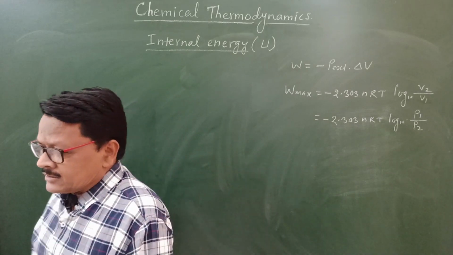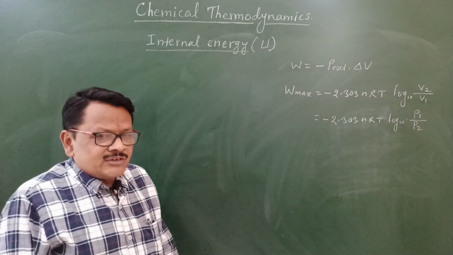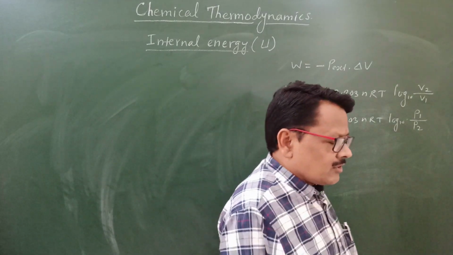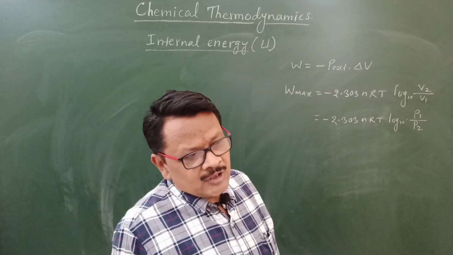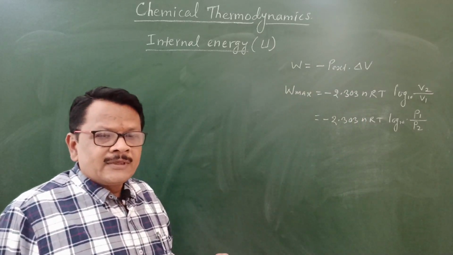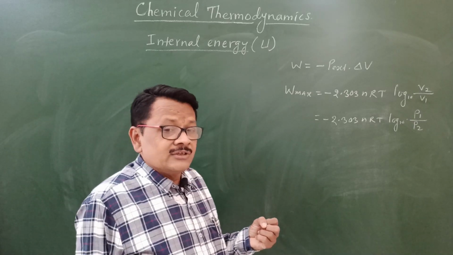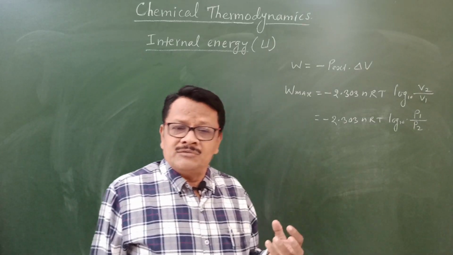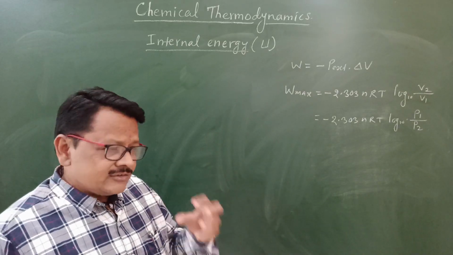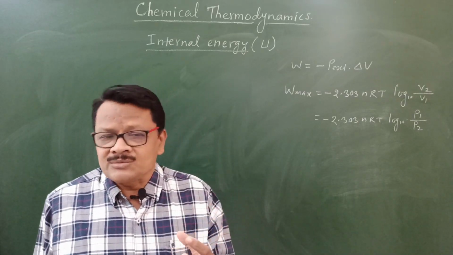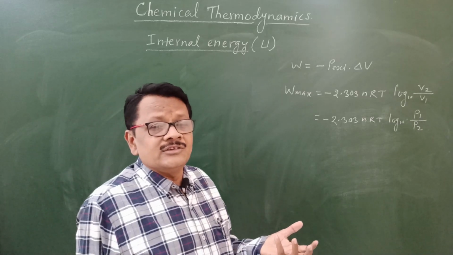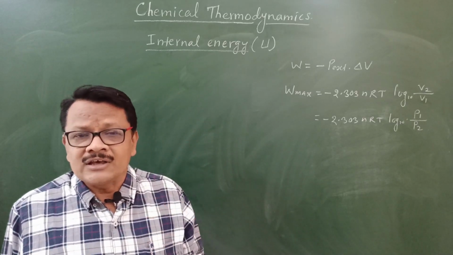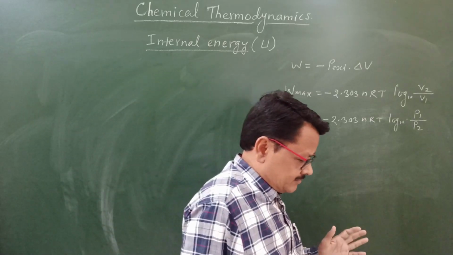We know that various types of energies are there, we saw in this topic. But what is the internal energy? Internal energy of a substance is the total amount of energy associated with the substance, and this energy is stored in the substance. That stored energy in the substance is called internal energy.